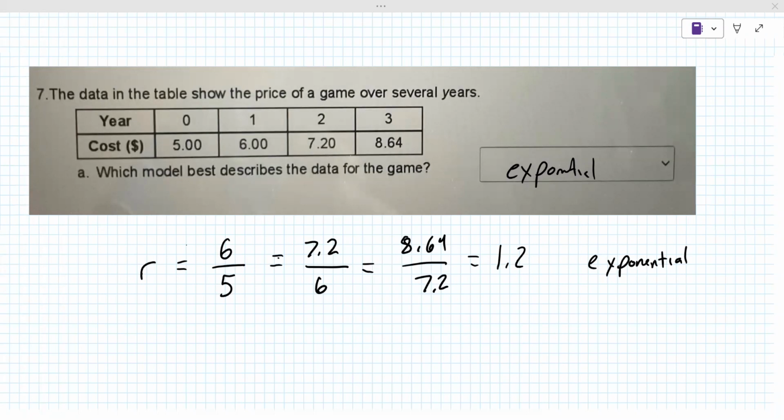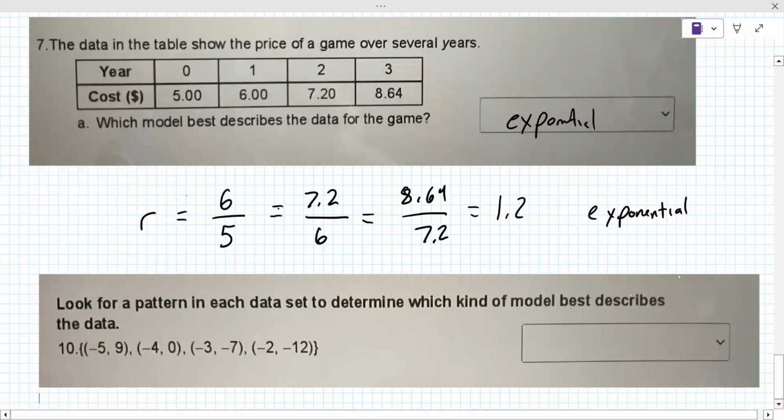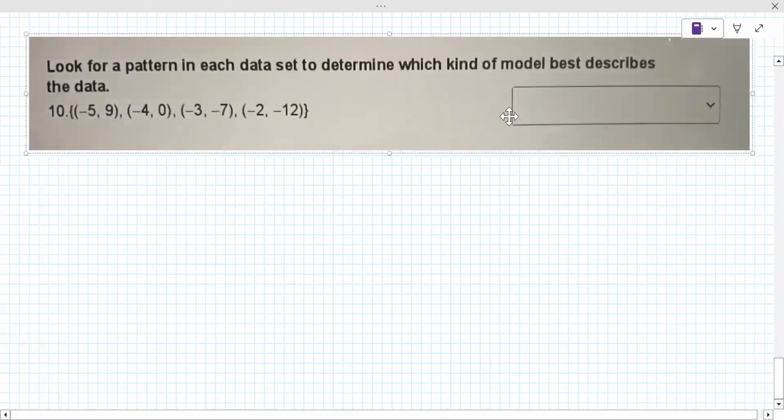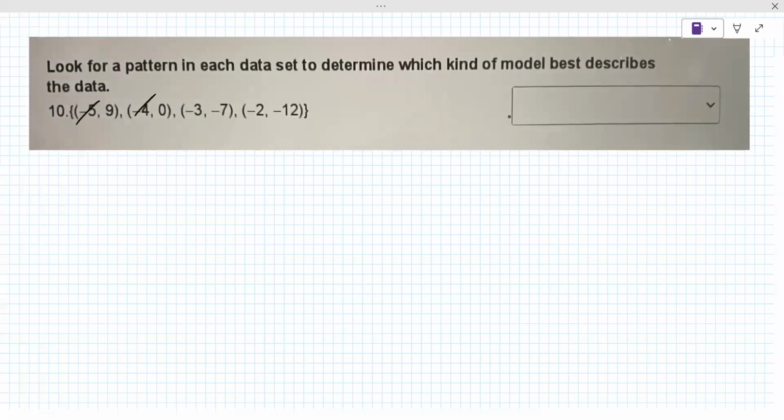All right, so let's go to 10. I believe 10 will be really similar to what we've been doing here. The thing that you don't want to do is focus on the X value at all. You can even get rid of it.